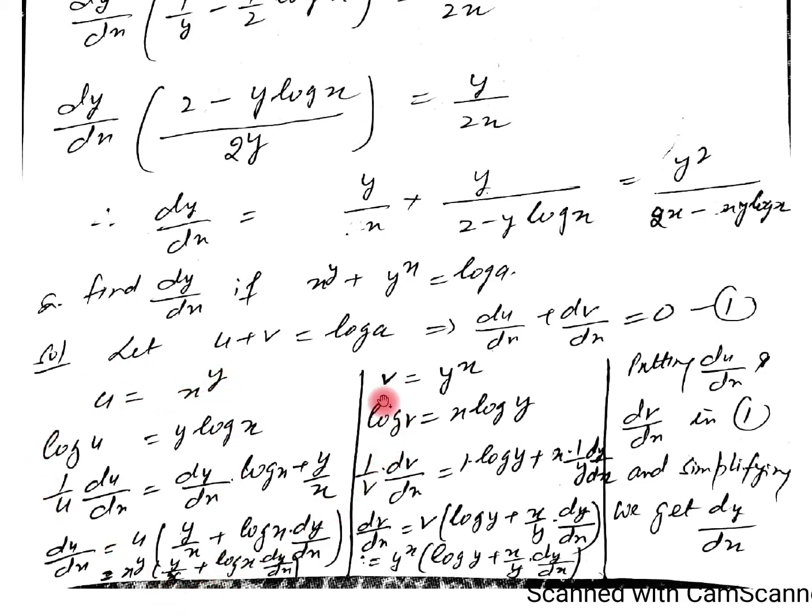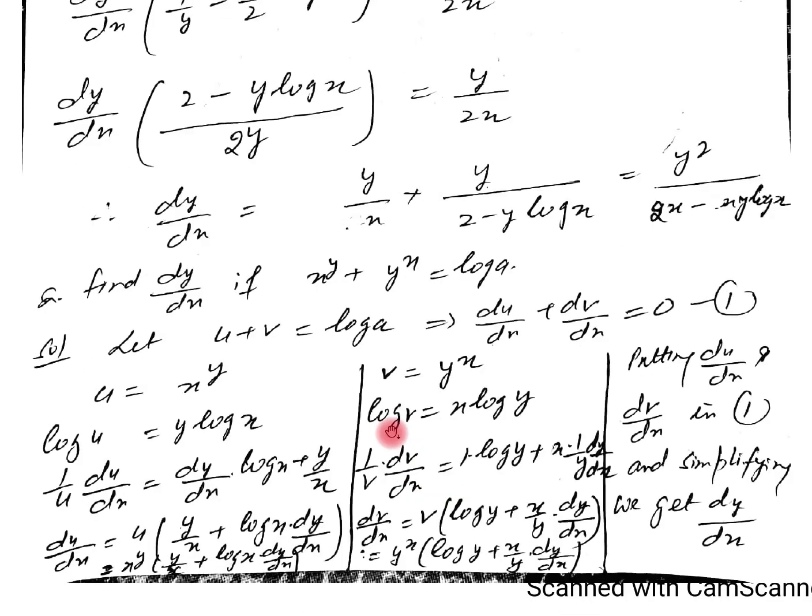Similarly v equal to y raised to power x. Again taking log both sides, log v equal to x log y, we will find dv by dx. Now we are getting the values of du by dx and dv by dx.